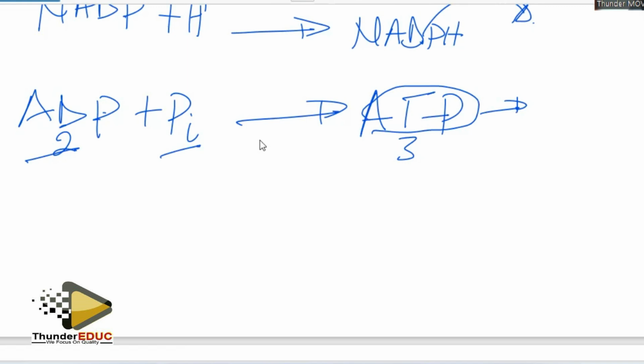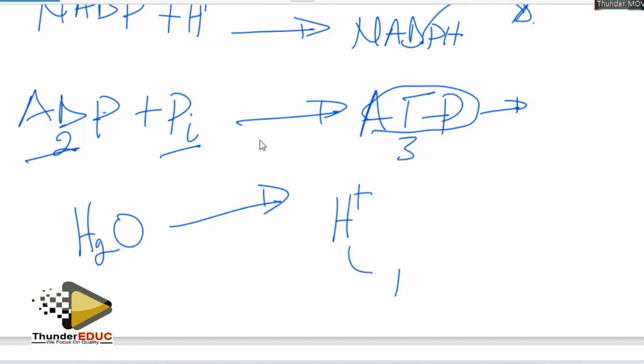So the light has 2 functions. The first one is to carry out what you call photolysis, to split the water so that it forms hydrogen ion, which combines with NADP to form NADPH.